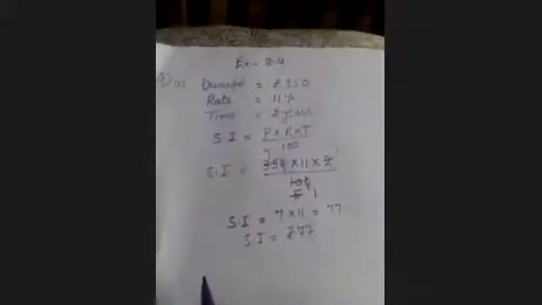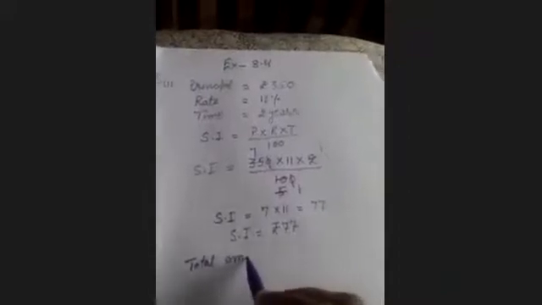Now we will find the total amount. Total amount is equal to principal amount plus simple interest. Principal amount is 350 and simple interest is 77. Now add.